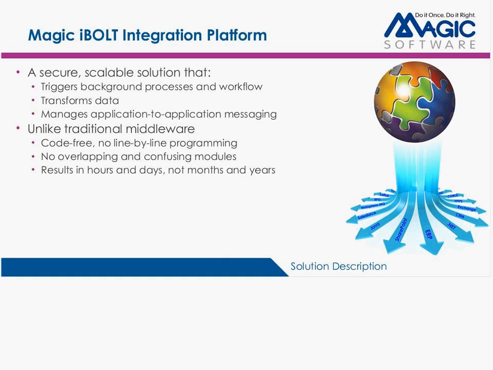With a lot of middleware platforms, at some point you've got to break out the programming books and figure out how to do the Java programming or whatever that might be required to do particular tasks like, I don't know, SNMP or something like that. There also, with traditional middleware, are a lot of different modules. It gets very confusing because of the fact that there are 40 or 50 different products that are all called WebSphere, that are all called Fusion, or that are all under one of the other brand names that comprise a traditional middleware set.